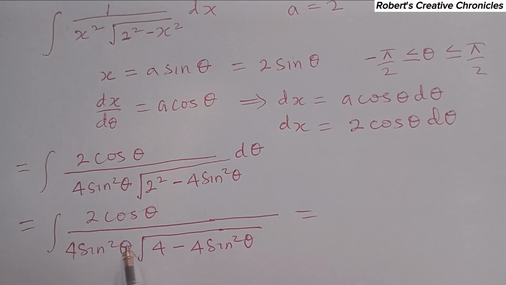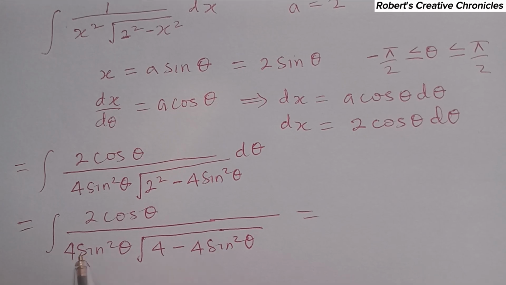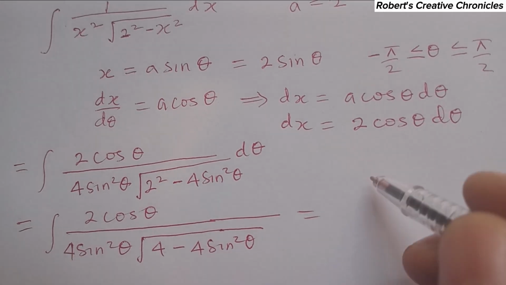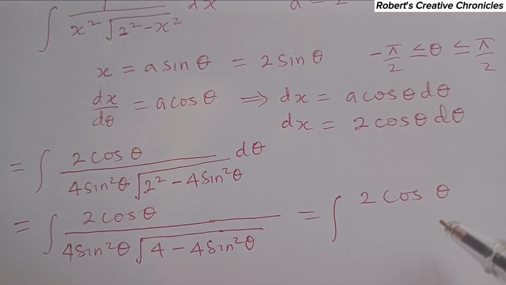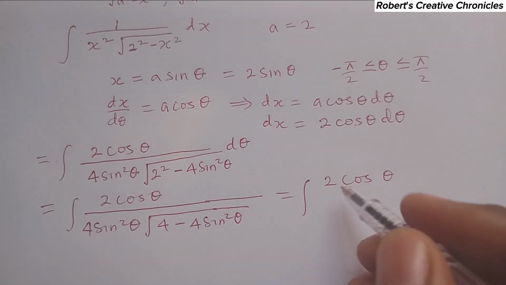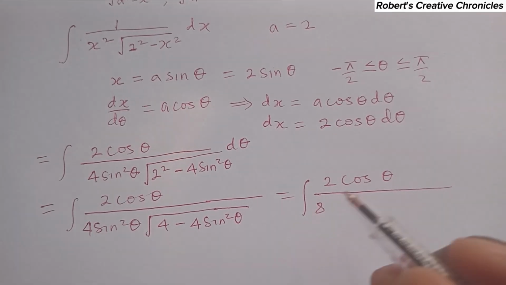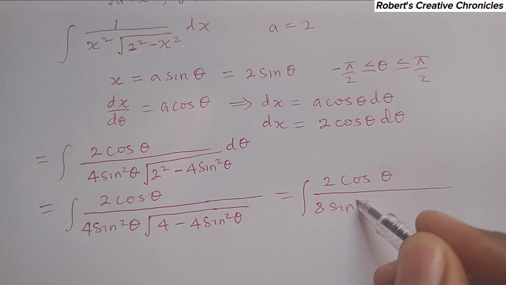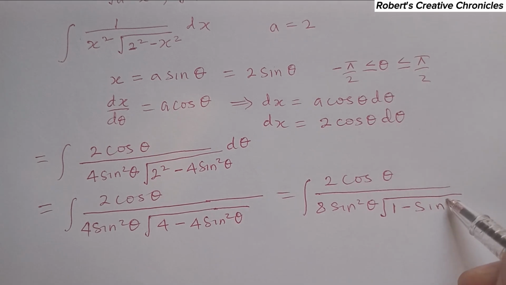Root of 4 is 2, so we can bring 2 out. If we bring 2 out here, the denominator becomes 8. So it is going to be 2 cos theta over 8 sine squared theta root of 1 minus sine squared theta.